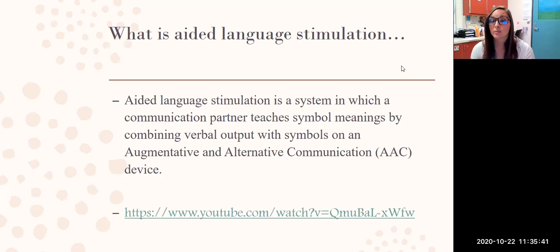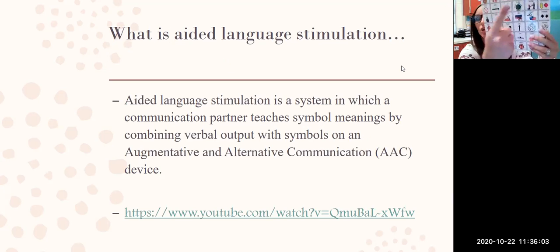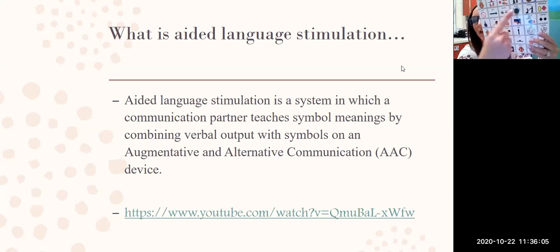So aided language stimulation is a system in which a communication partner, that might be you, teaches symbol meanings, these are your symbols, by combining verbal output or speech with symbols on an AAC device. So for example, if you're reading a book, you could say, okay, let's turn the page.